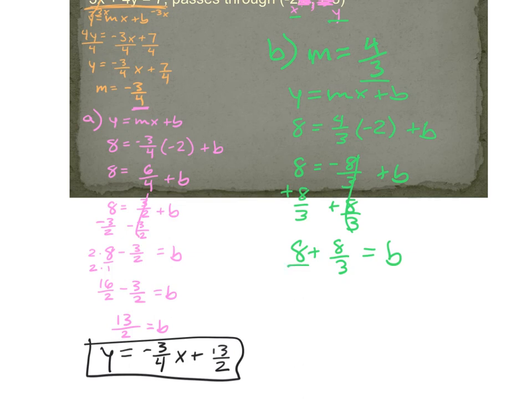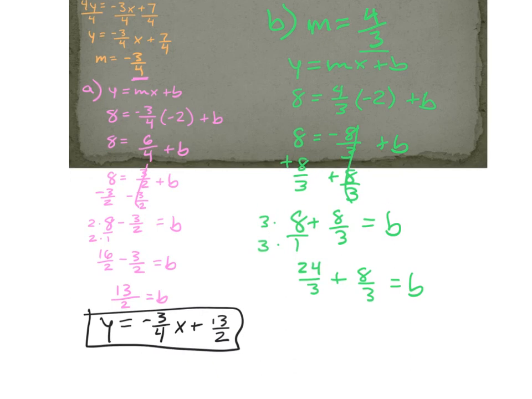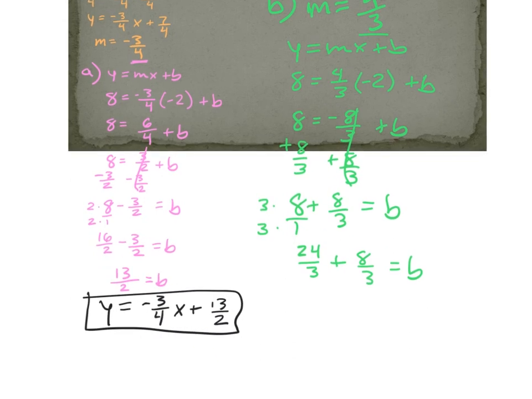We need these to have a common denominator, so we're going to multiply the top and the bottom by 3. 8 times 3 is 24, so we have 24/3 plus 8/3. 24 plus 8 is 32. So our b is equal to 32/3.